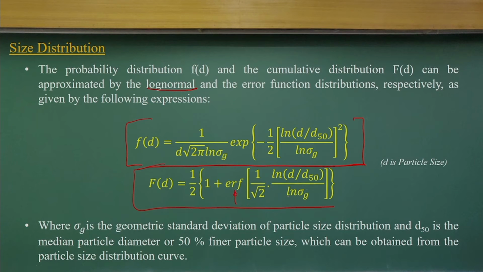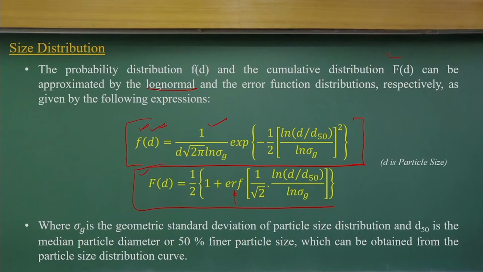So we can have a distribution function like this. If you know the D50 value and the sigma g value, you can compute, for a particular D, the probability distribution function and the cumulative distribution function.